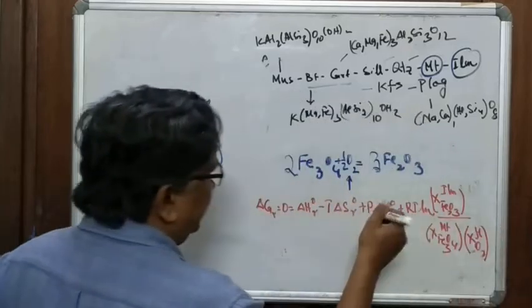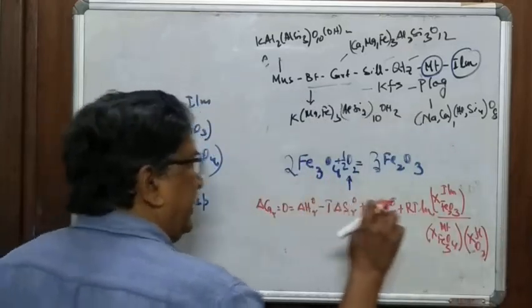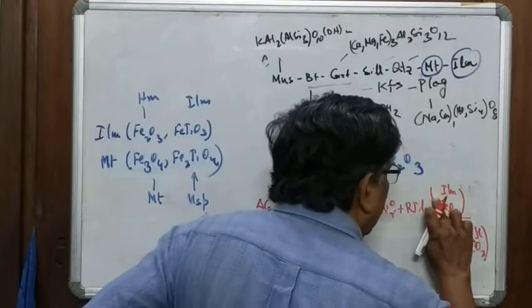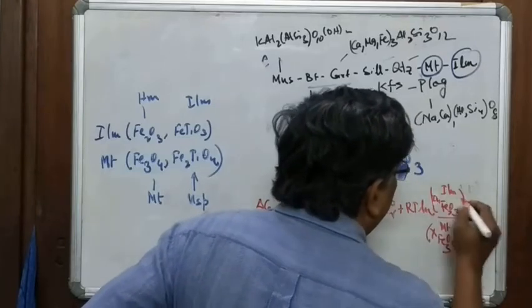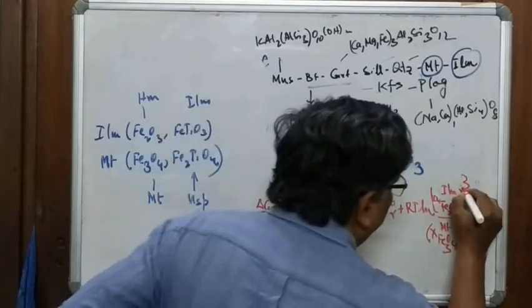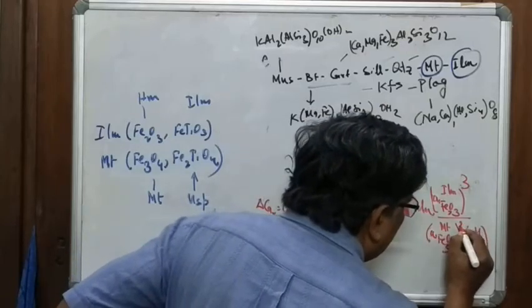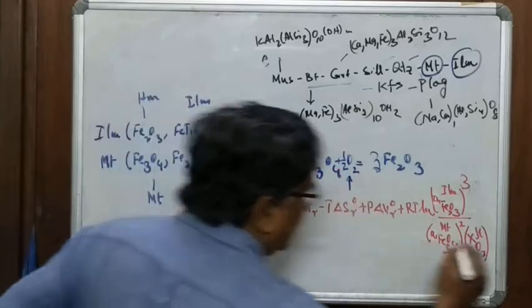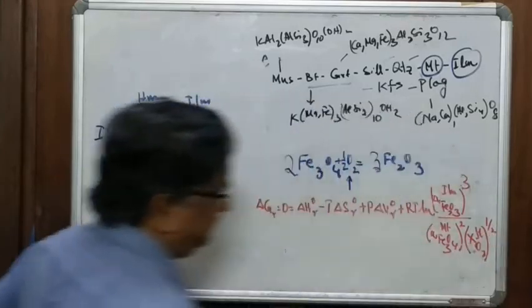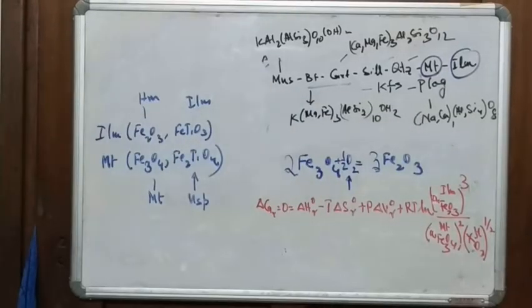Now there is an error here. If I write activity, then Fe2O3 should be cubed. If I write activity here, this should be squared, and then XO2 should be half. This is how it should be written.